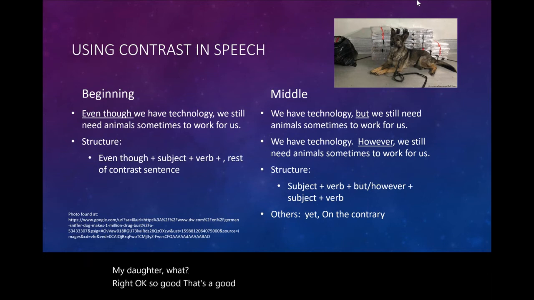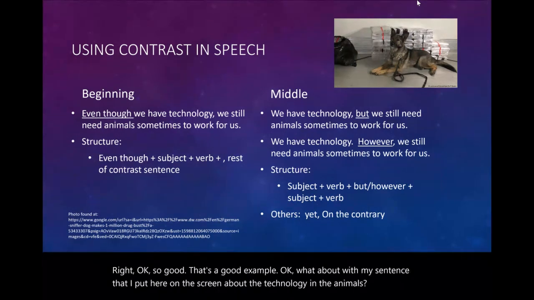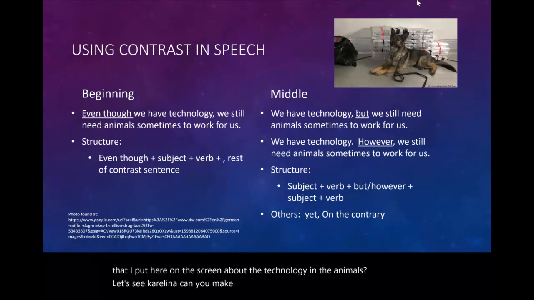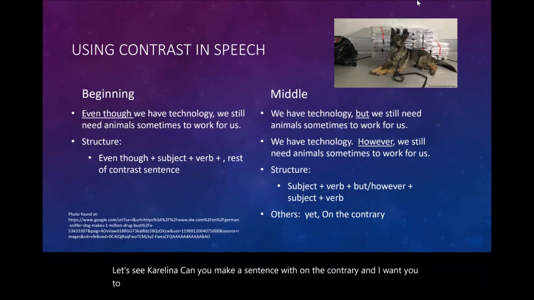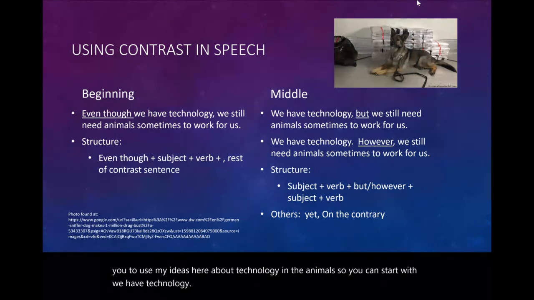Okay, what about with my sentence that I put here on the screen about the technology and the animals? Let's see, Carolina, can you make a sentence with on the contrary? And I want you to use my ideas here about technology and the animals. So you can start with we have technology. Carolina. Yes, teacher.